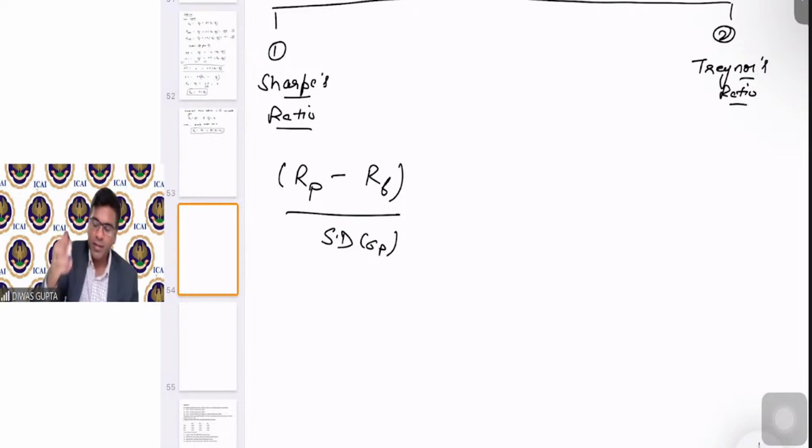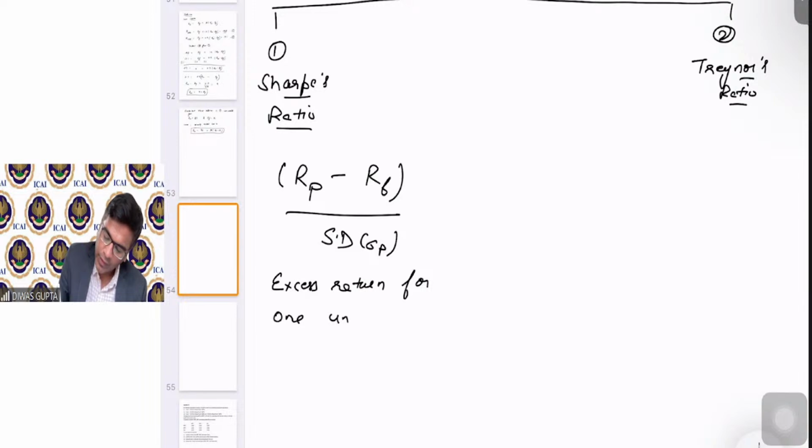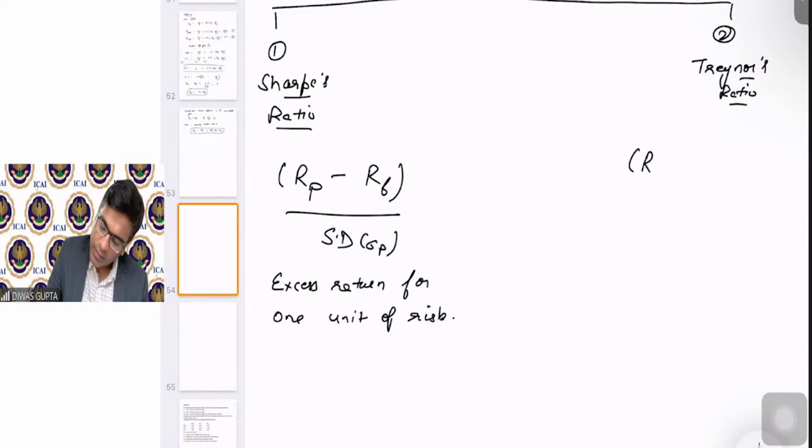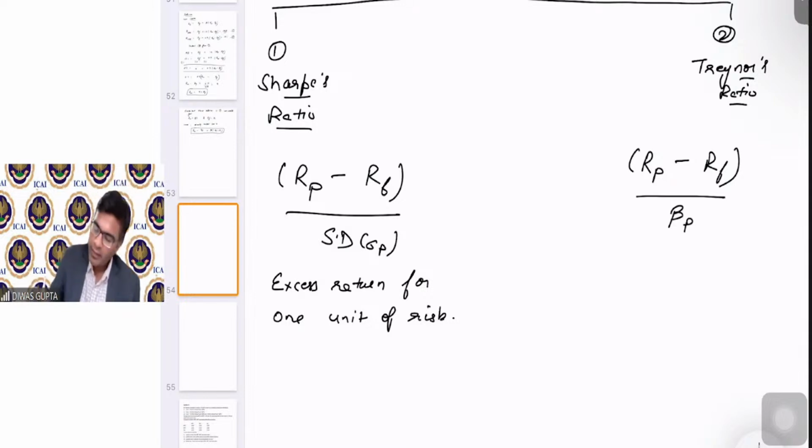Yes, students, this is easy. So what we are trying to say is that the excess return for 1 unit of risk. How much excess return your portfolio is giving for 1 unit of risk. Treynor's ratio, on the other hand, says that you again take excess return, but in the base, you take beta of the portfolio.